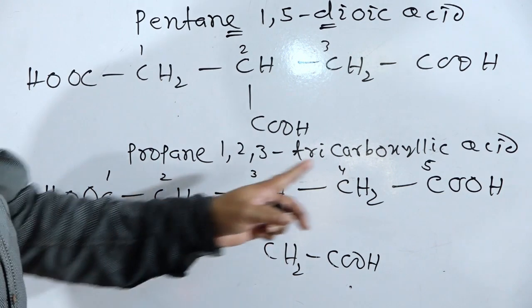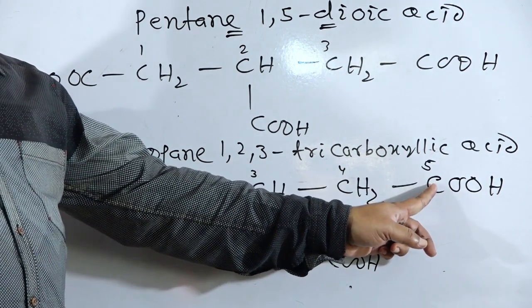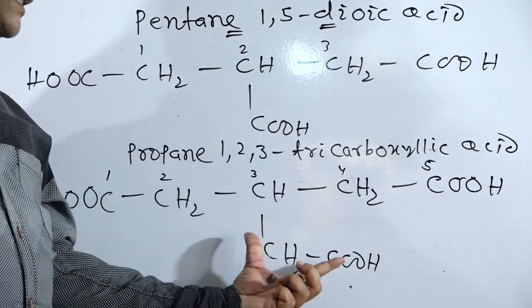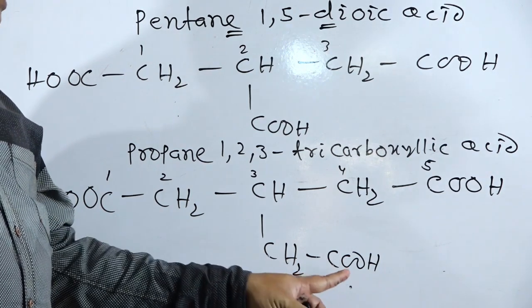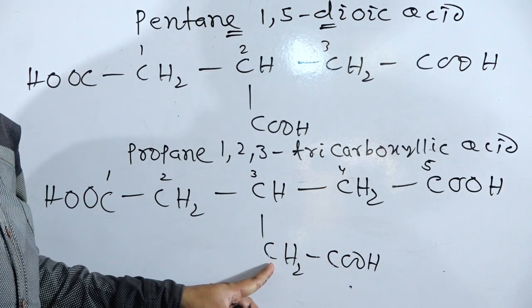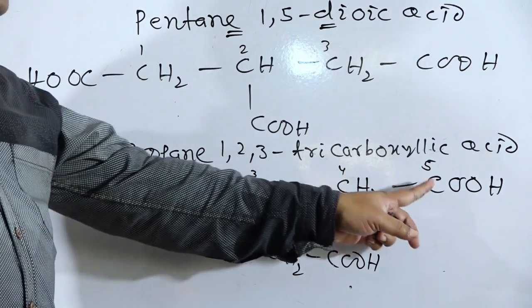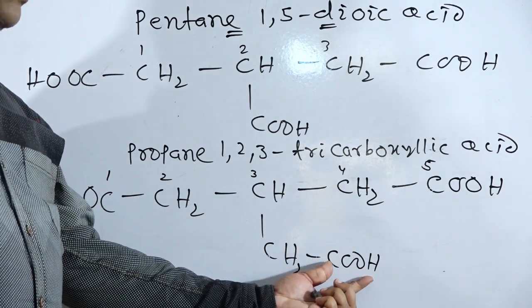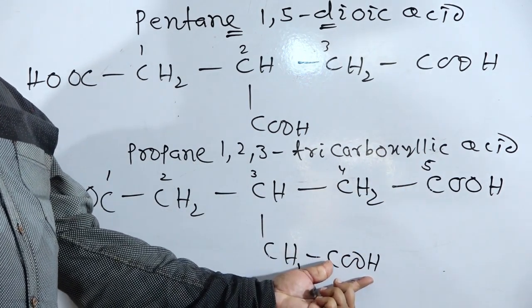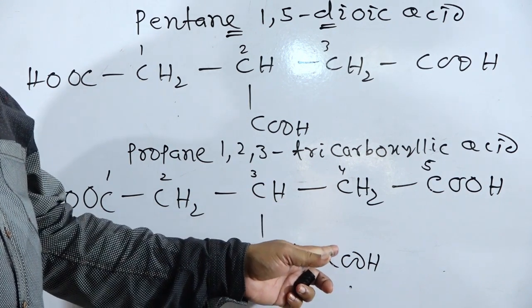Therefore, these 2 carbon atoms are included in the chain, and this group is treated as a prefix, that is, a substituent, carboxymethyl. So 2 carbon atoms of the functional group are included in the chain, and this carbon atom of the functional group is not included in the chain because it is not directly linked to the chain.